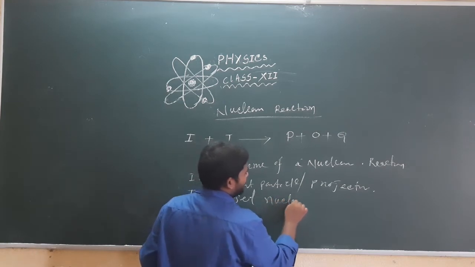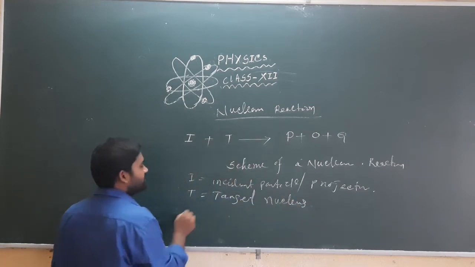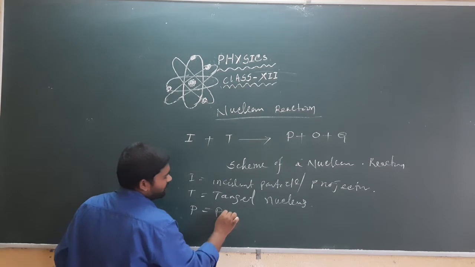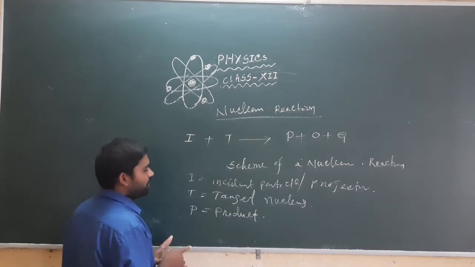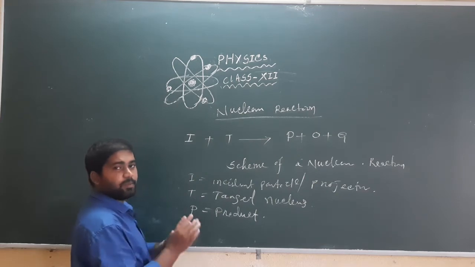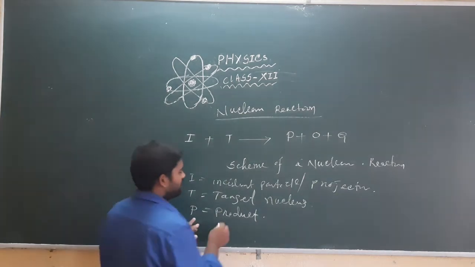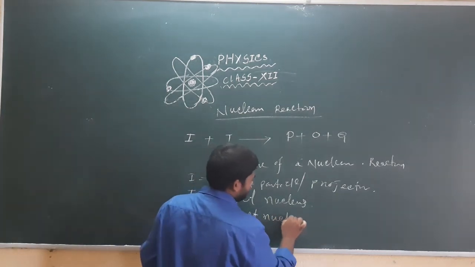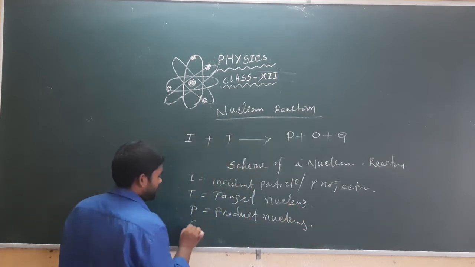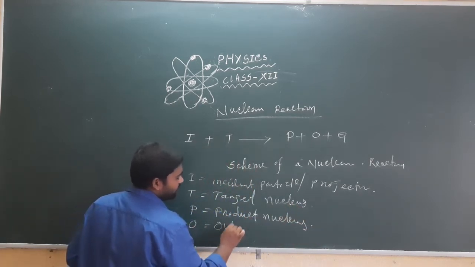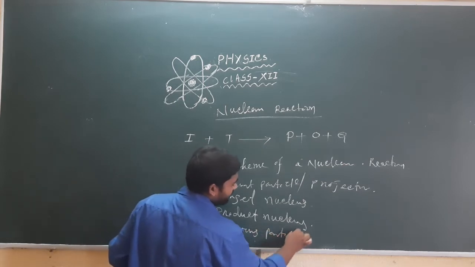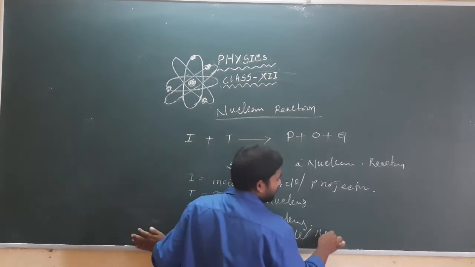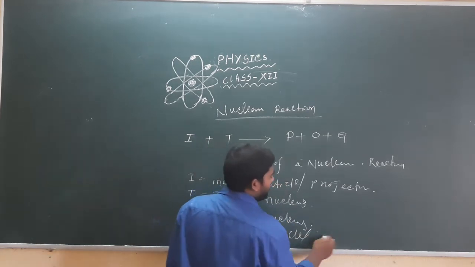P is the product nucleus, which is formed when there is a breaking of a stable nucleus. O is the outgoing particle, which may be a gamma ray.